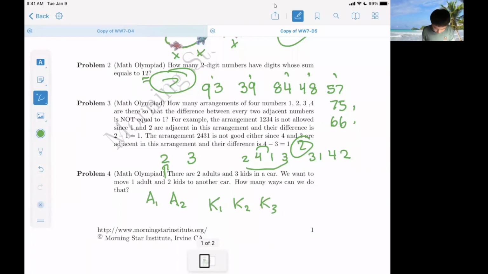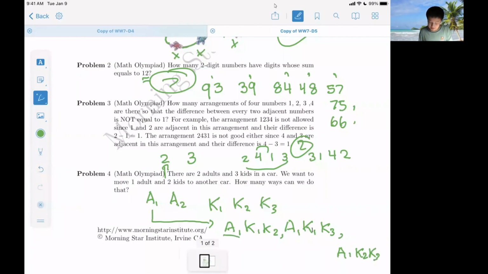First, we move this adult. That would be A1 with K1, K2, or A1, K1, K3, or A1, K2, and K3. So for adult 1 to be in this situation, there are 3 cases.